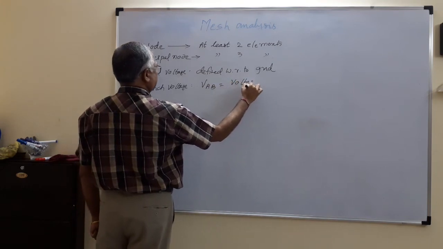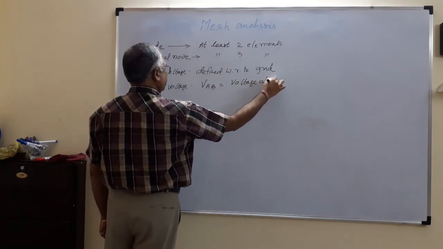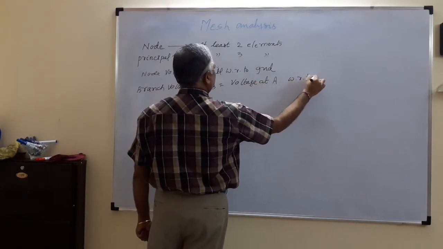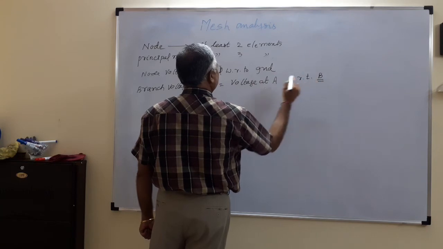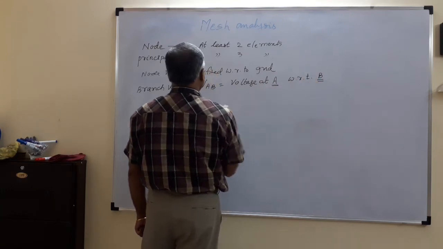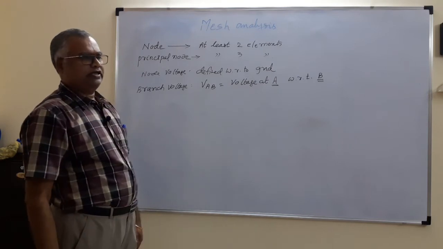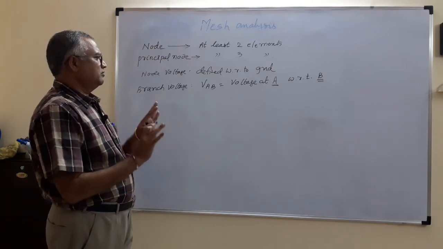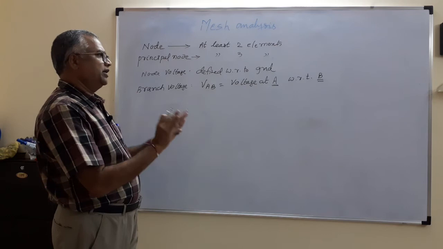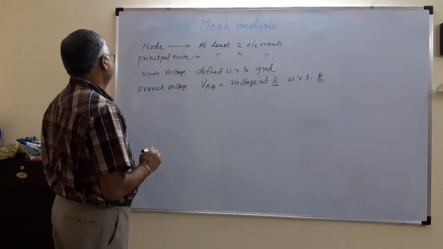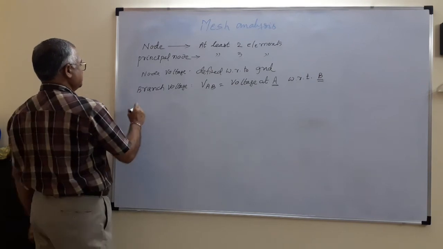Voltage at A with respect to B. Don't say voltage across AB. Voltage across AB is not a mistake, but it will not give a clear definition. So voltage at A with respect to B. So node voltage is a branch voltage.